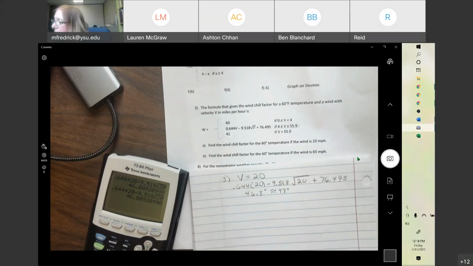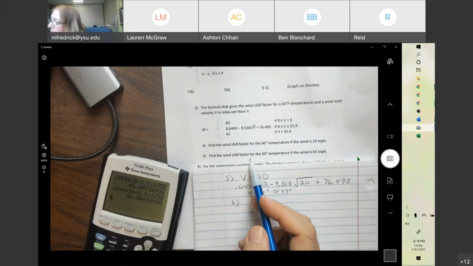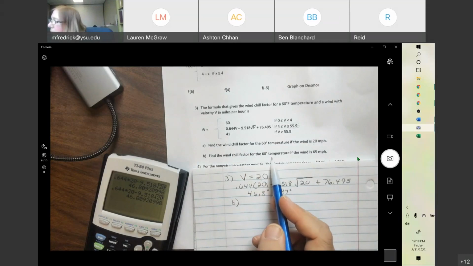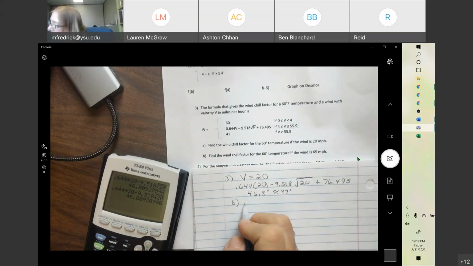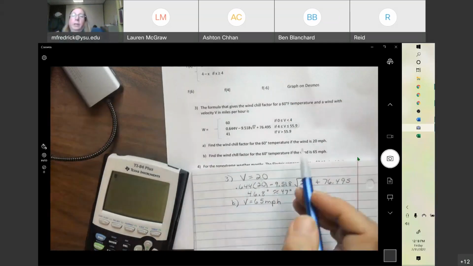Yeah, let's look at the next one, B. Find the wind chill factor on a 60-degree temperature if the wind is 65 miles per hour. Well, 65 miles per hour is greater than the 55.9.